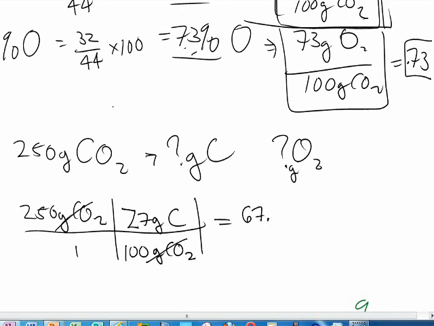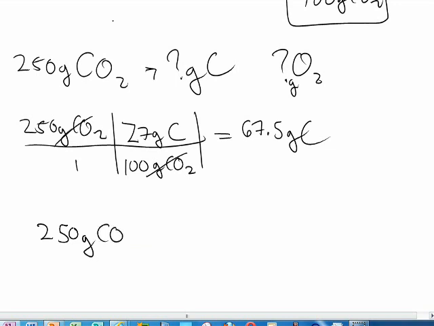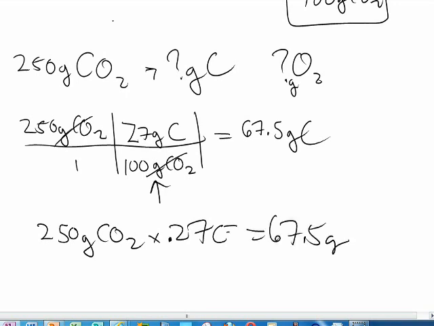We get 67.5 grams of carbon in that 250 gram carbon dioxide sample. Or, by the same token, we could have just taken that 250 grams of carbon dioxide and multiplied it by 0.27, because that's what it is. 0.27 is carbon, and we will get the same thing. It's the same way, either way.